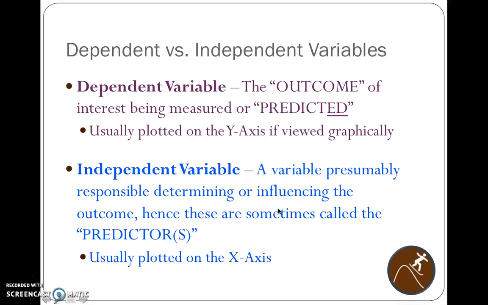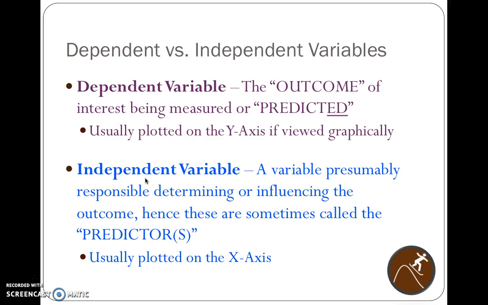So independent variables are presumably responsible for determining or influencing the outcome, if you're going to be using it for any type of statistical modeling or for making any type of comparisons. Oftentimes in biostatistics or in the health sciences, some folks will refer to these independent variables as the predictors. Sometimes you'll hear about them as risk factors. Sometimes they'll find that they're a predictor and then call them a risk factor later.